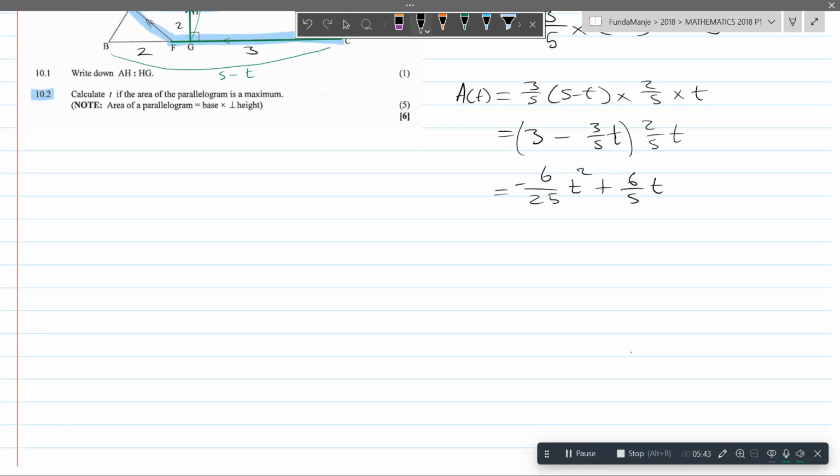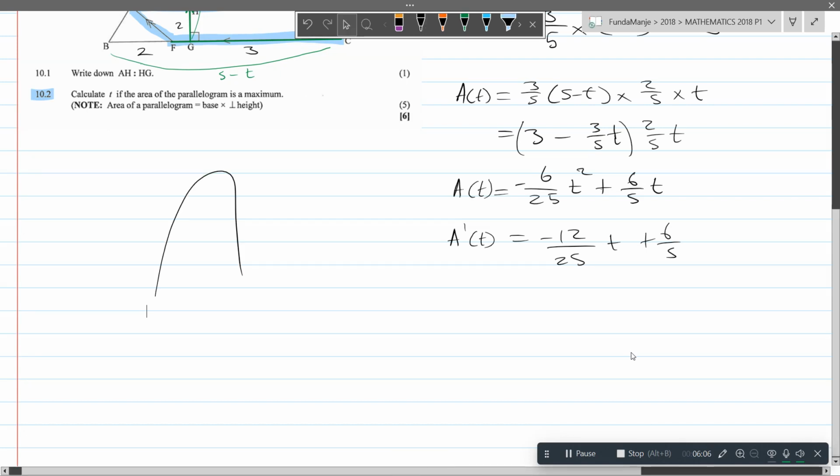Then we can take now this formula for area, which is dependent on T, and find the maximum by getting the first derivative. That will then give us minus 12 over 25 T plus just 6 over 5. And we know at the maximum, since our a is negative, this formula for area is represented by a parabola.